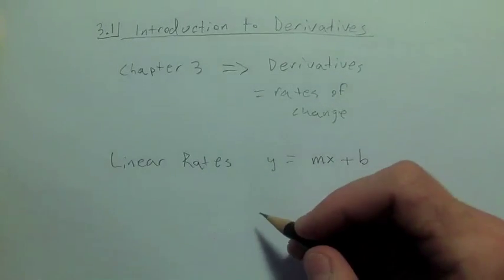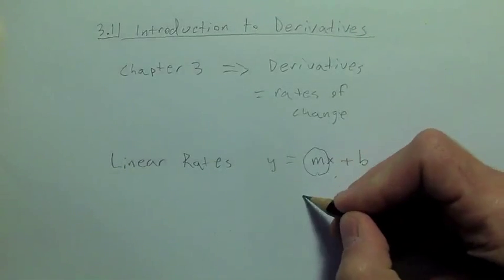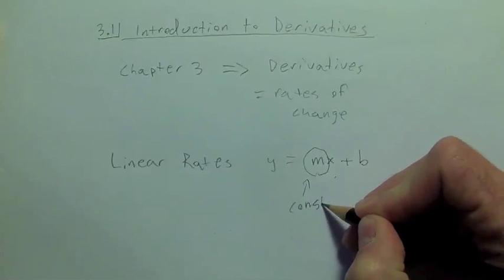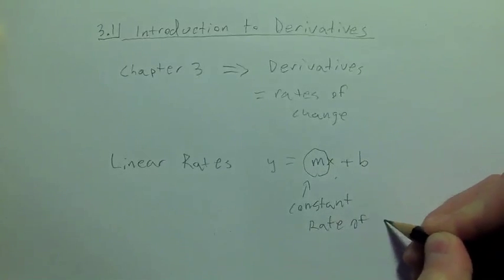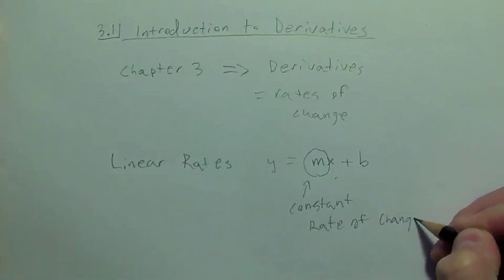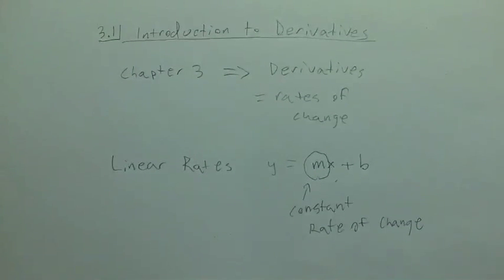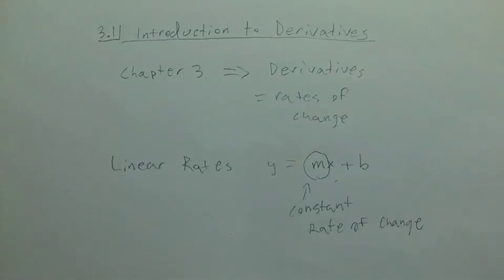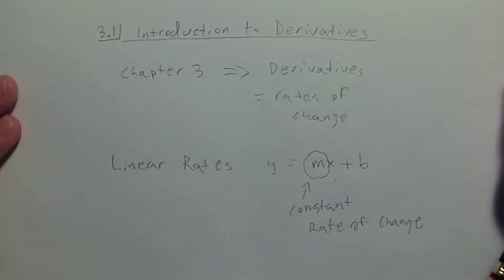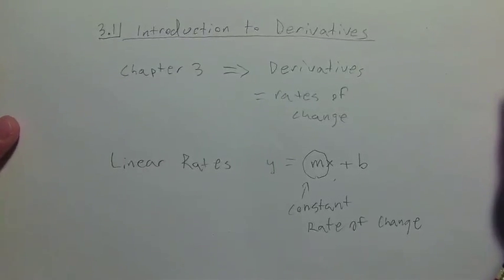They make a line, and this is your constant rate of change. Another one you've seen before is an exponential rate, which is more like a constant percent rate of change. That one is important, but I won't write it out.